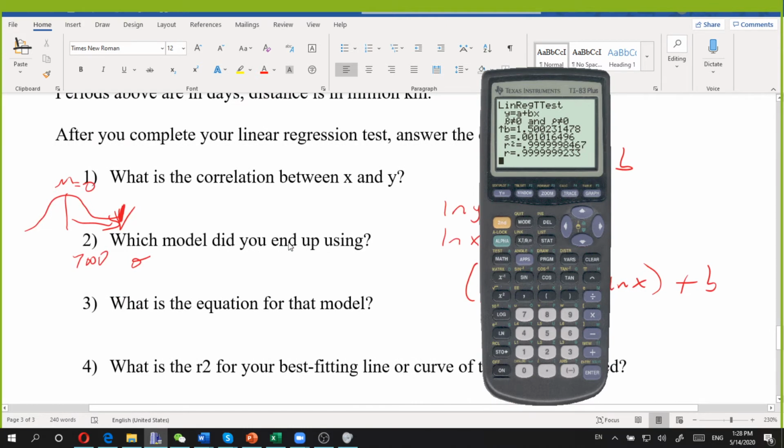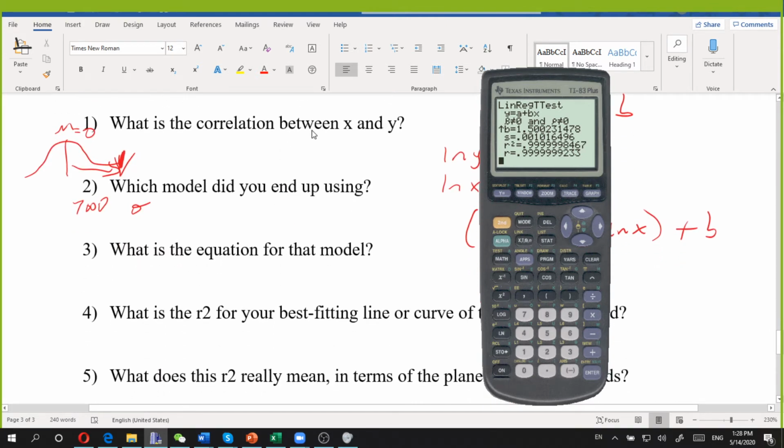So Abby, starting with you. What is the correlation between x and y? Is the correlation positive or negative? Okay, we have a positive relationship.